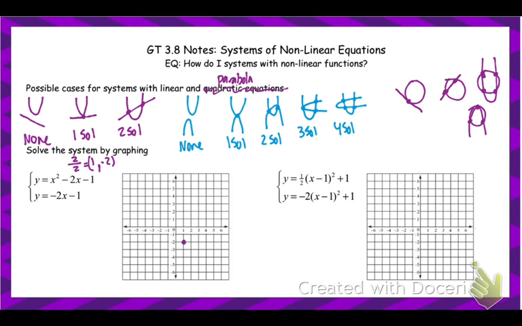This graph has not been stretched or compressed or reflected in any way, so it's going to follow the same parent function pattern from this point. So right 1 up 1, right 2 up 4, right 3 up 9. And let me try and get this one a little bit more accurate so I make sure I can get that intersection point clear.